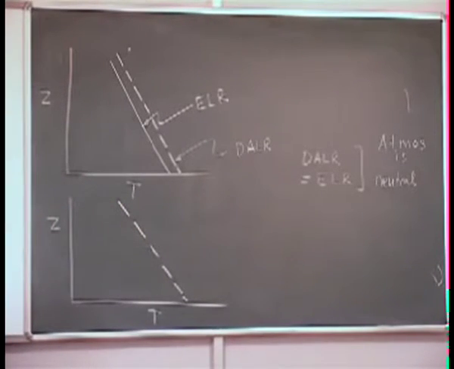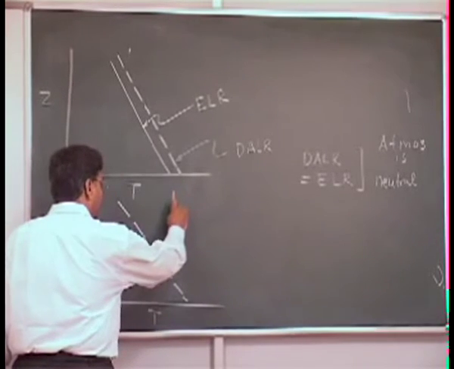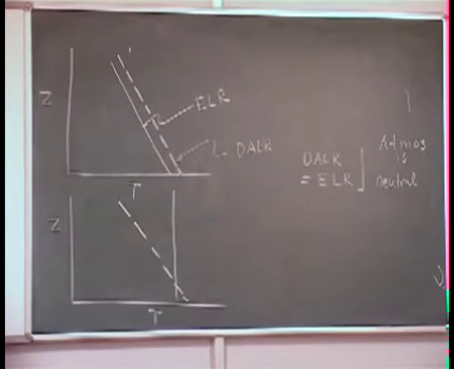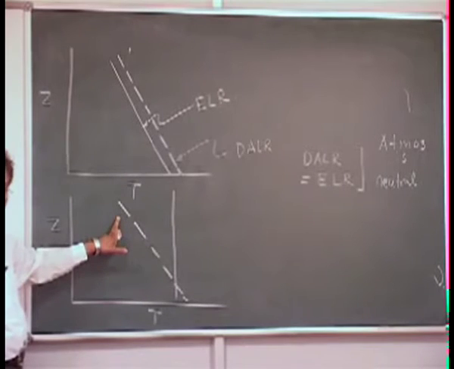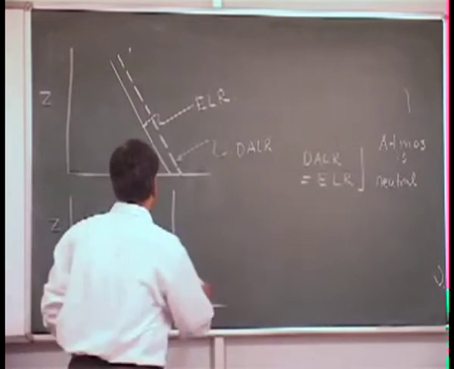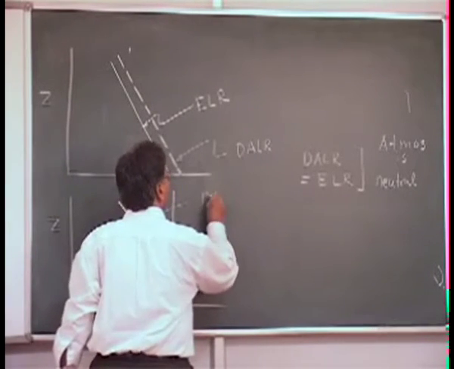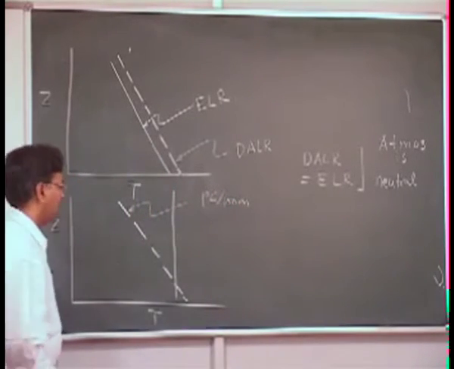And then you see here the temperature, instead of decreasing, suppose it increases. Here the DALR was whatever, 1 degree per 100 meters change in the temperature.